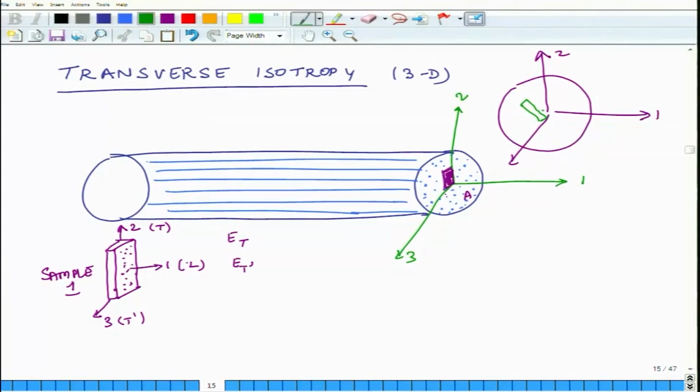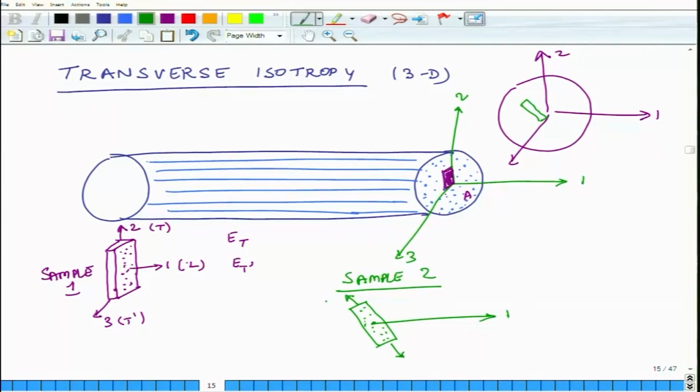So, sample 2 is like this. But the normal to the surface is still direction 1, and if the normal to the surface is still direction 1, then I still see all these fiber ends, and I pull it in this direction.